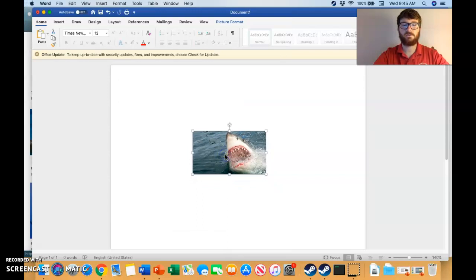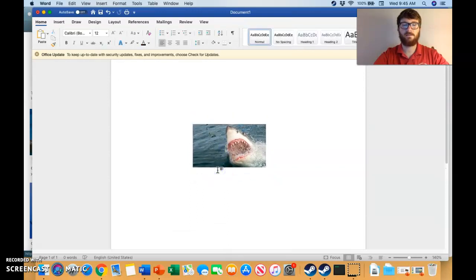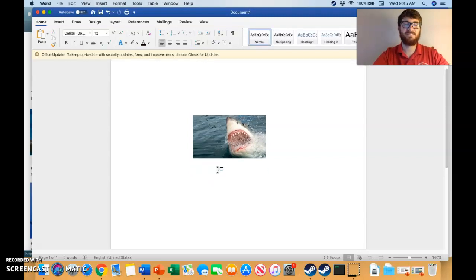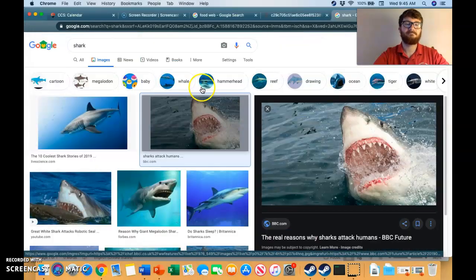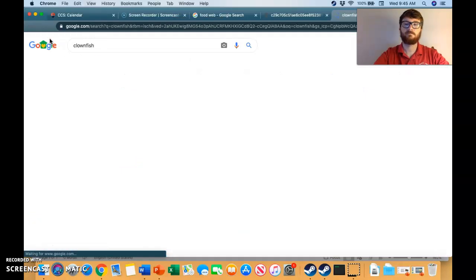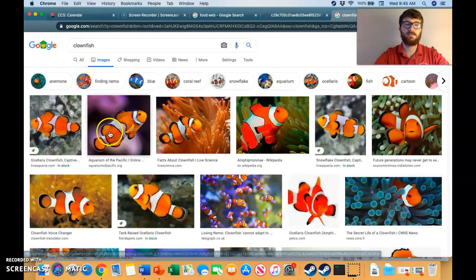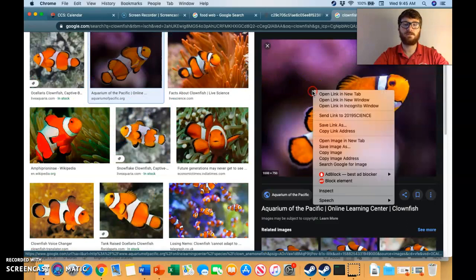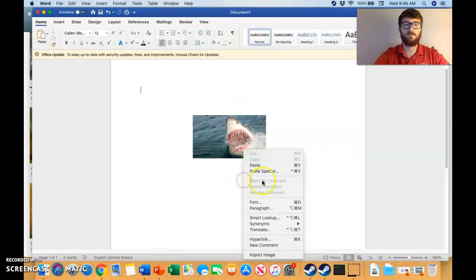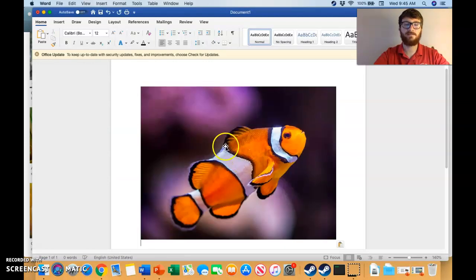And let's say sharks are going to eat a clownfish. Here's Nemo. He's going to be eaten by the shark. I don't know if the shark would even eat Nemo or not. But, you know, fish are friends, not food, the whole thing.